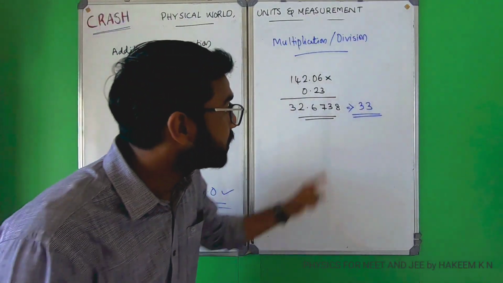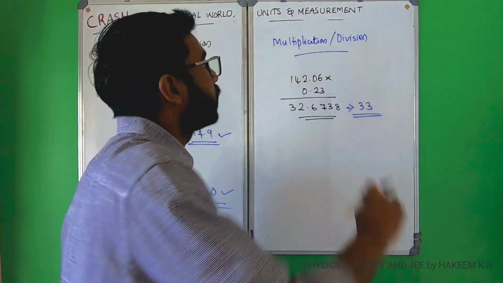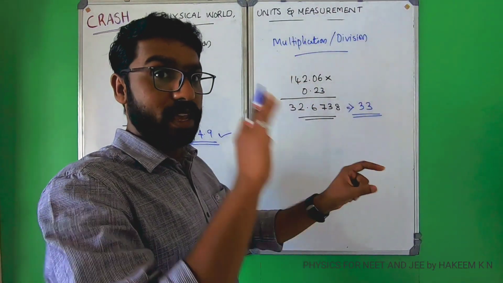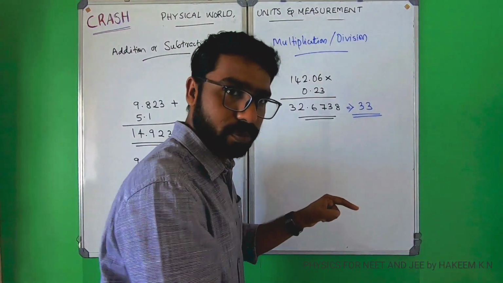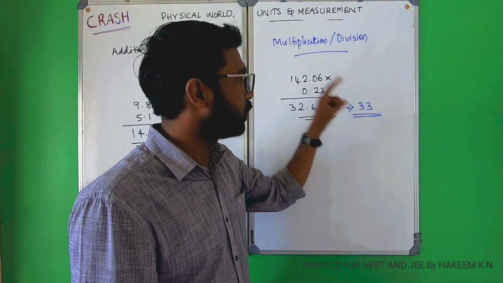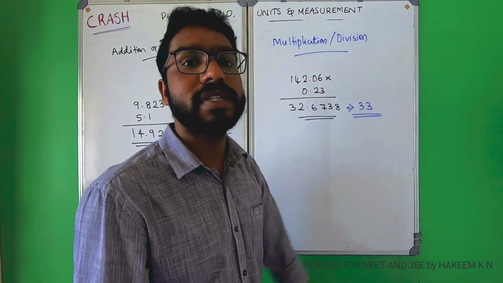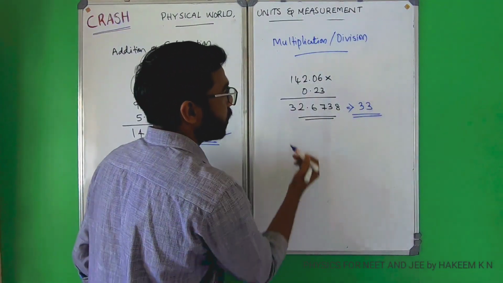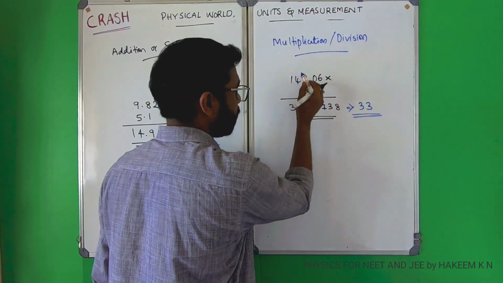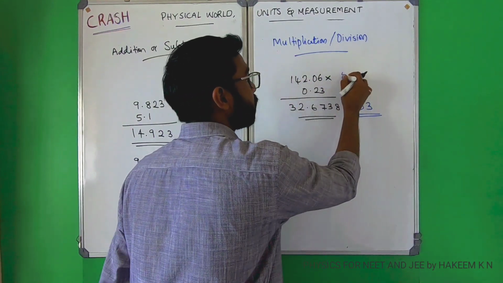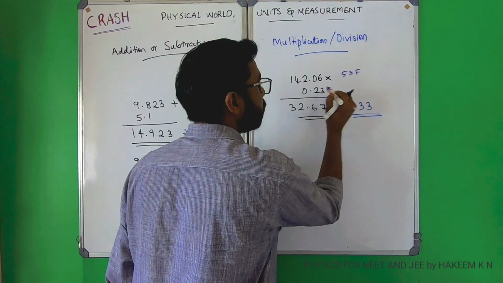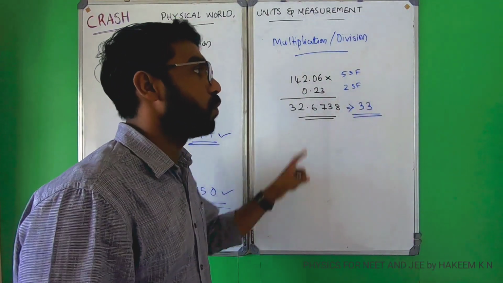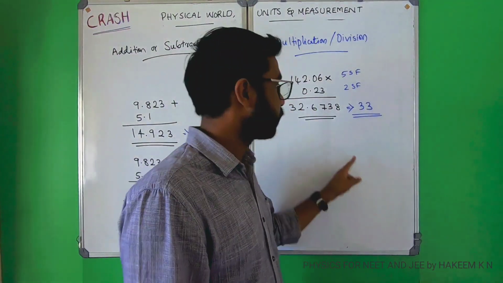Why? The result of multiplication or division should be rounded off to the minimum number of significant figures. Here 142.06 has 5 significant figures, 0.23 has 2 significant figures, so the answer should have 2 significant figures.